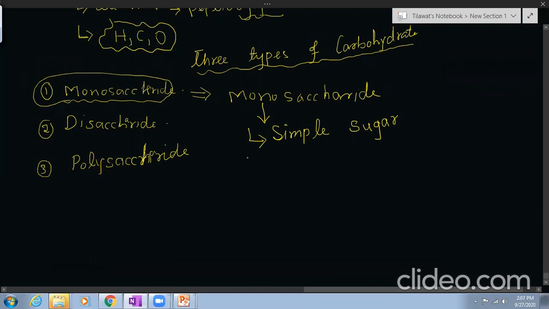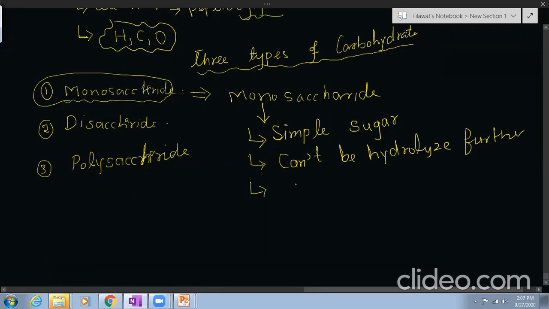It is simple sugar. Simple sugar means it can't be hydrolyzed further. I will make this point clear when I start disaccharide. It means it's the basic unit. If you add water to that, it can't be converted into a simpler form. So this is the simplest form of carbohydrate.